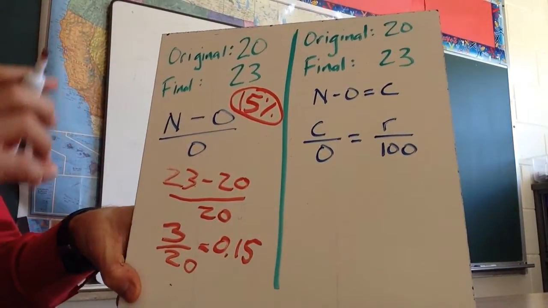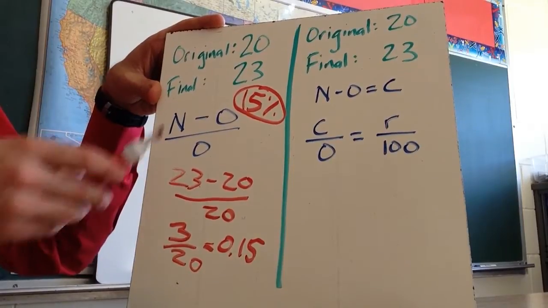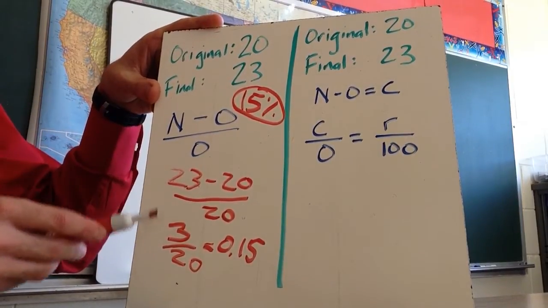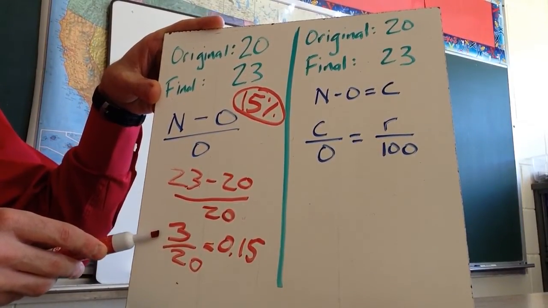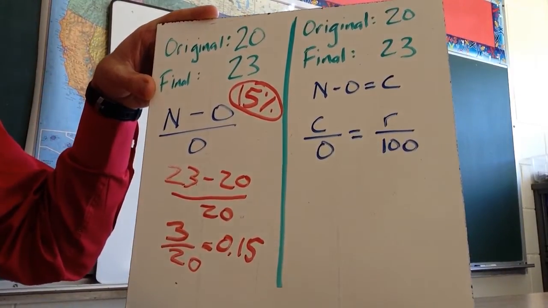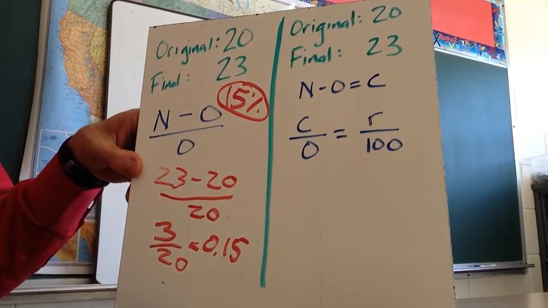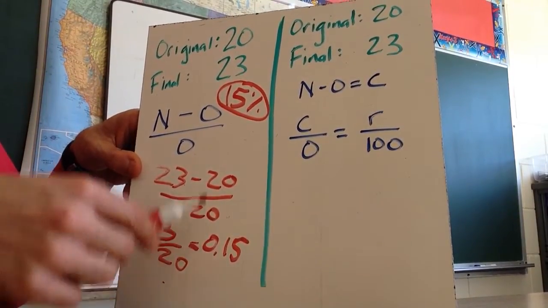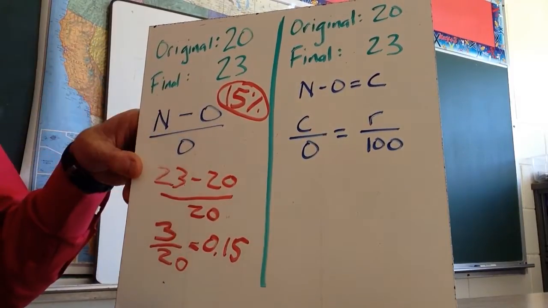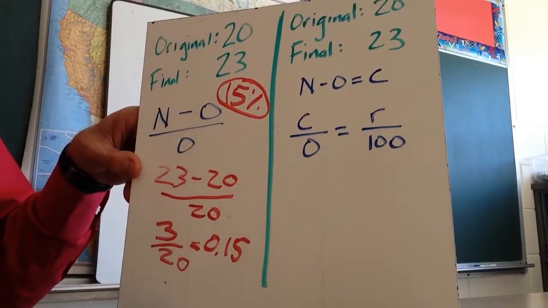The advantage here is that because 3 is positive and this is a positive decimal, this is a positive percent, which means it's a 15% increase. Had this been a negative decimal, it would still be 15%, but it would be a 15% decrease.